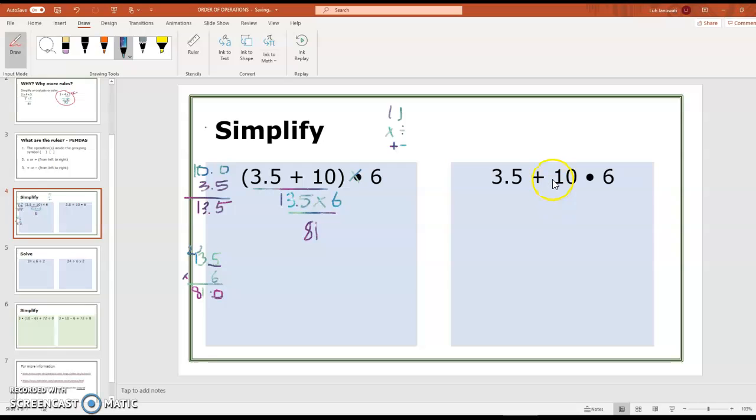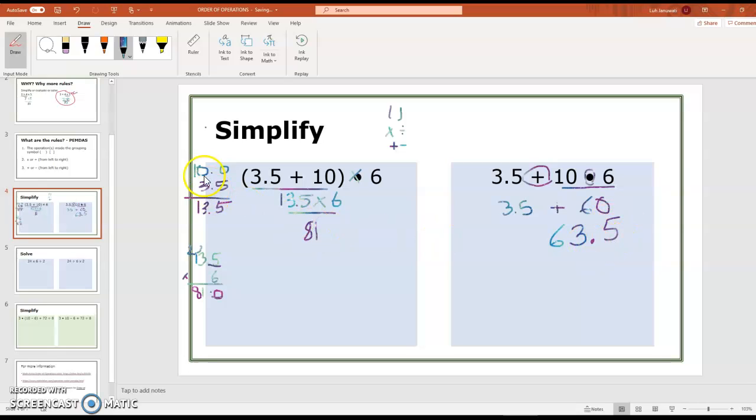Okay, and this one is addition and multiplication. So which one do I have to do first? The multiplication, which is 60 plus 3 and 5/10, which is really simple. And I just said 60 plus 3 is 63 and 5/10, right?